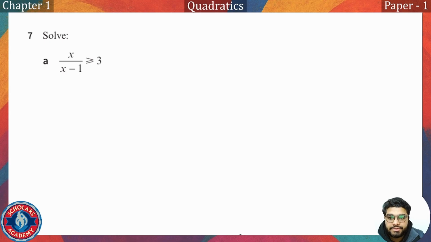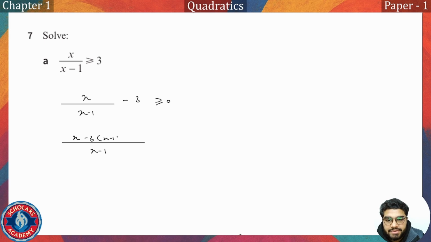So let's start with the solution of question number 7. Let's simplify it. We get (x minus 3)/(x minus 1) is greater than or equal to 0. Let's take LCM over here. We get x minus 1 in the denominator, and in the numerator we get x minus 3 times (x minus 1), is greater than or equal to 0.